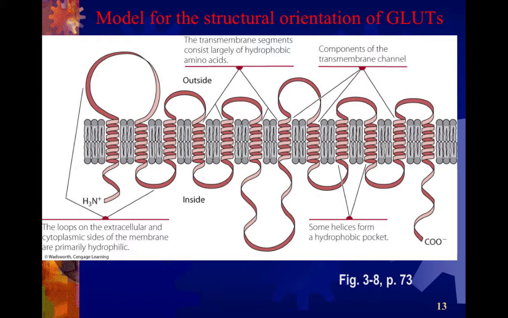And if we look at some of the things that are shown here, here's the amine group of the first amino acid, so this would be the amino terminus of the GLUT protein. And you can see it kind of heads towards the lipid bilayer. So sorry, we're intracellular here. This is inside the cell. Here's outside the cell.